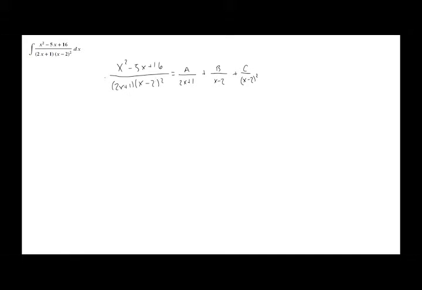Now, from here, the next thing I want to do is take our rational equation and turn it into a polynomial. I do that by multiplying both sides by my denominator, the 2x plus 1, x minus 2 quantity squared.